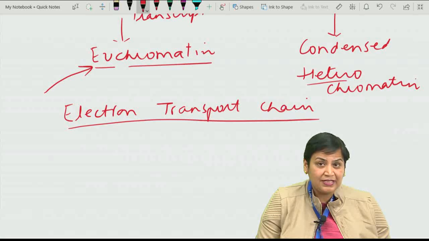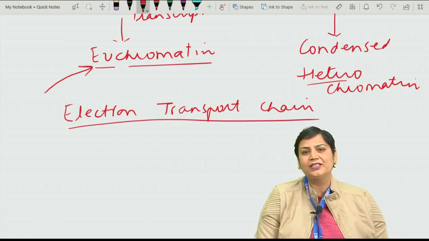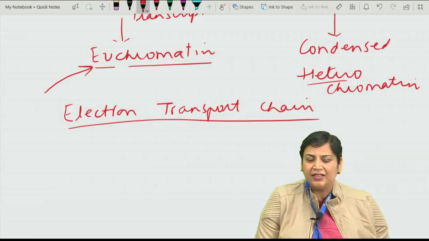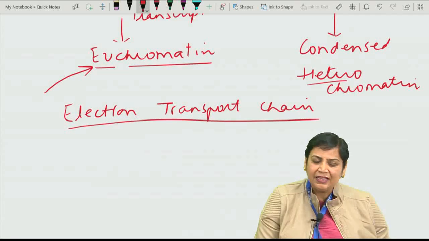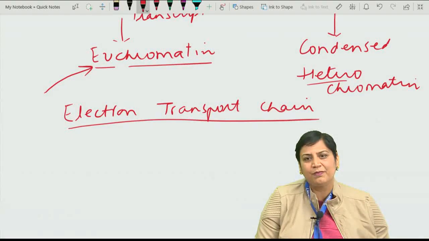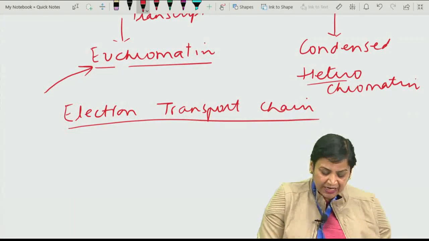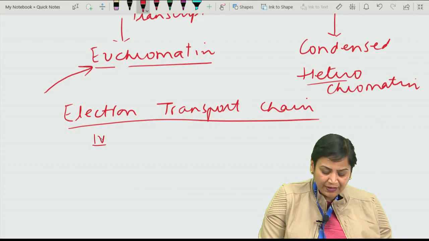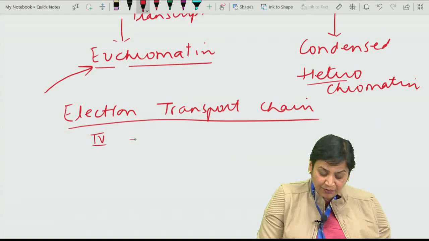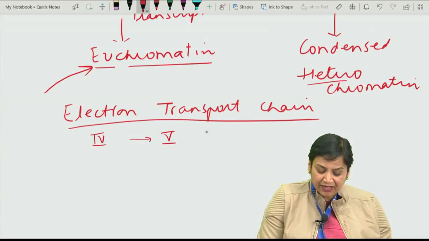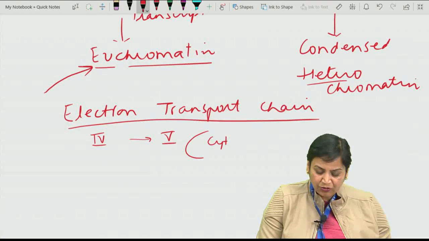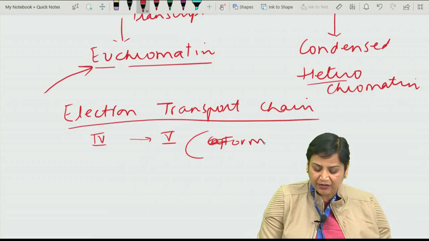Whenever reducing equivalents are released, these protons combine in the presence of oxygen to form metabolic water via this electron transport chain, which consists of 4 complexes. The last complex is the 5th one, where simply the formation of ATP takes place.